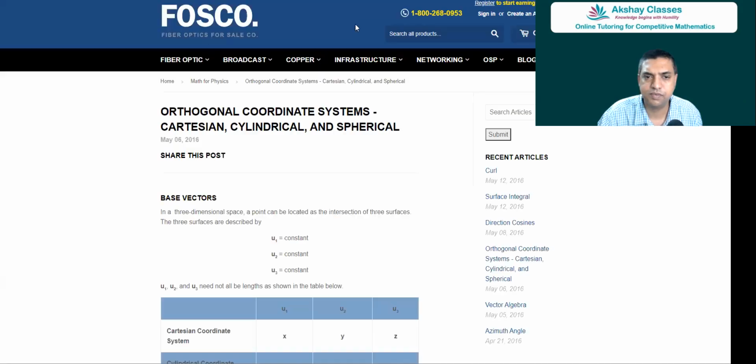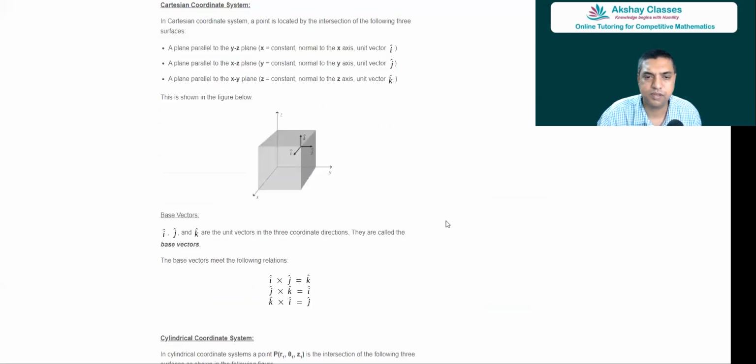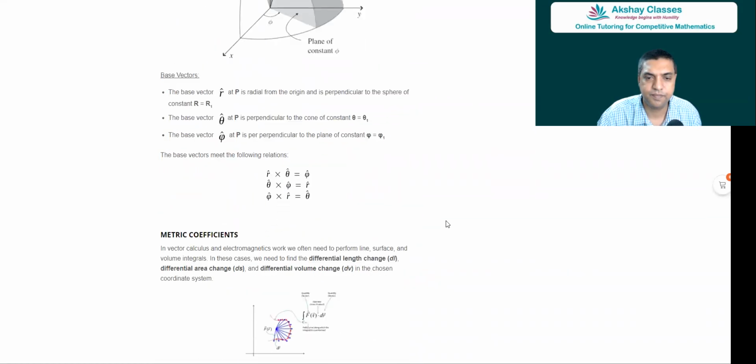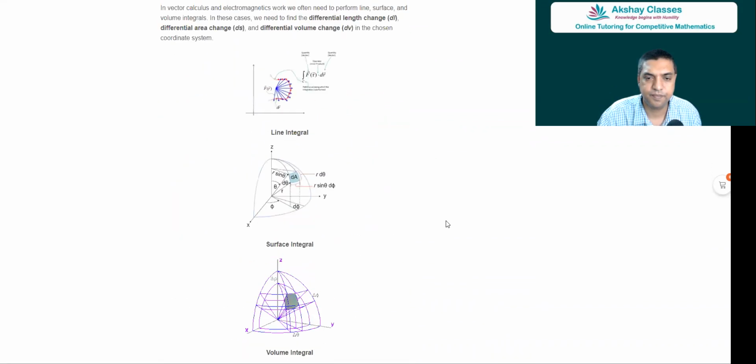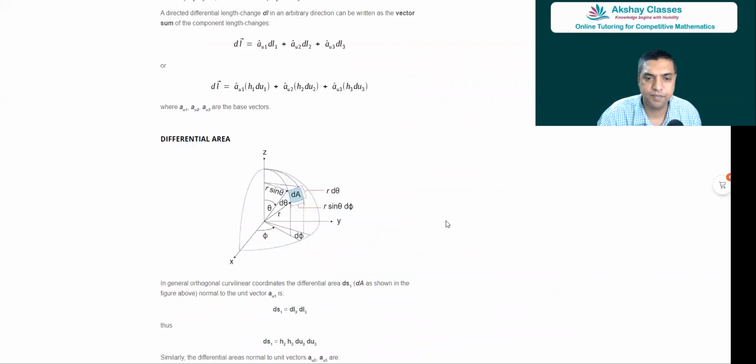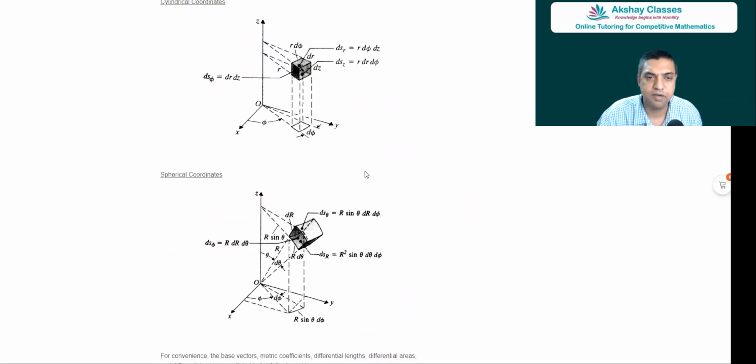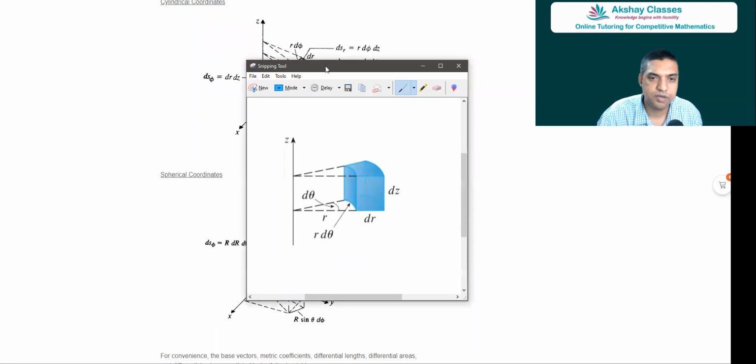Yeah, this is the figure, spherical coordinates figure. Okay.